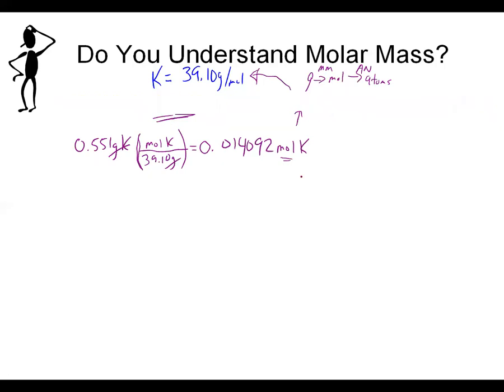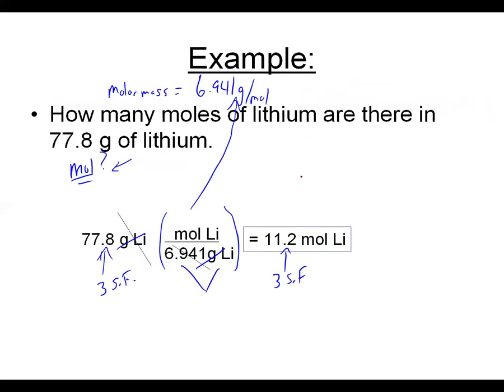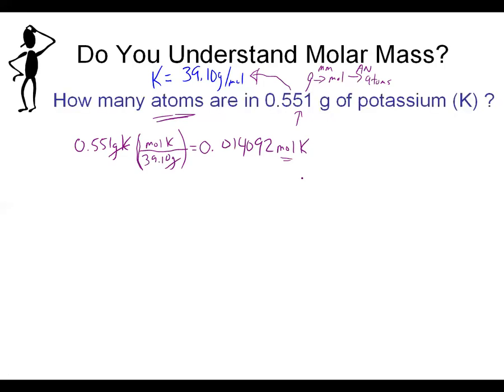So we want to make sure that we then use Avogadro's number. And since we're in moles, the moles are going to go on the bottom, and Avogadro's number will go on top. And here we will use atoms, because it is atoms. The moles will cancel out.